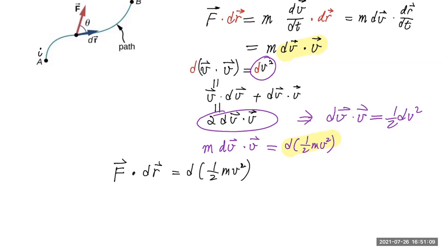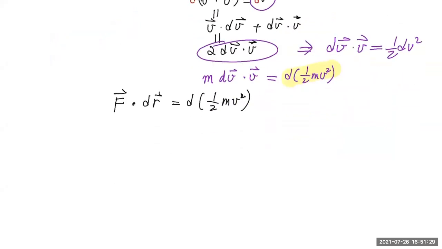At this point, I'm going to introduce a pair of new concepts. The left-hand side, which is the dot product of force and displacement, is defined to be the work done by the force F over displacement dr. So that's the work, dW.